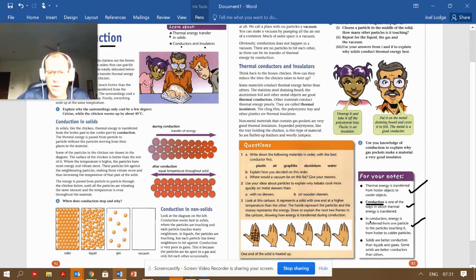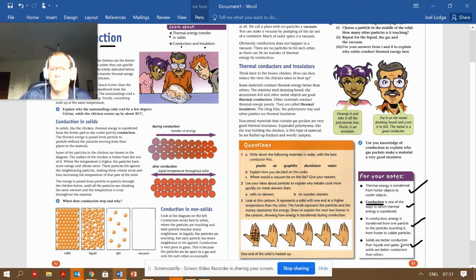Conduction requires the transfer of energy from one particle to another particle that's touching it, from a hotter object to a colder object. Solids are better conductors than liquids and gases, and some solids are much better conductors than others.